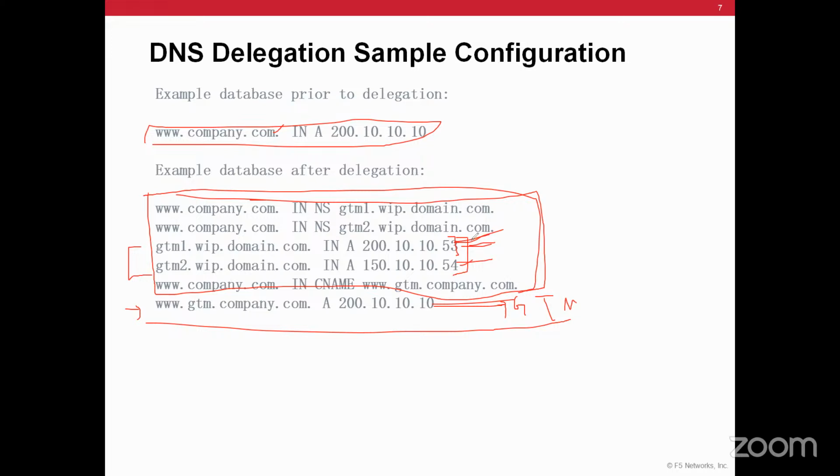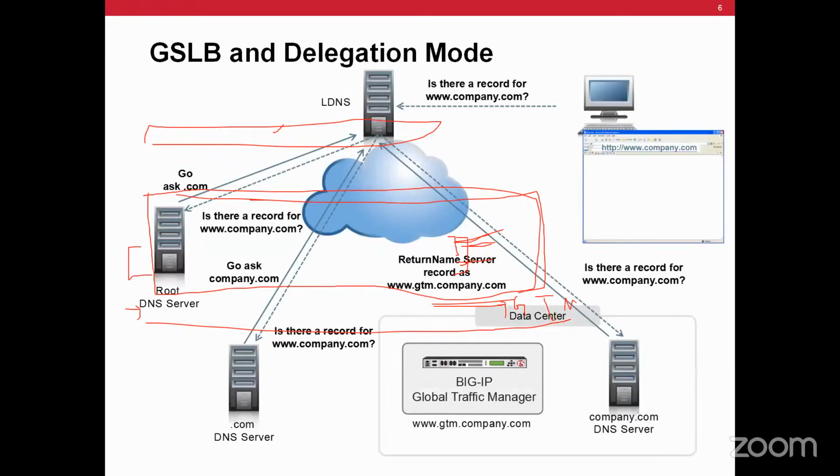From the client perspective, for example, it says go to a GTM, but let's suppose you have one more GTM over here for high redundancy. You get two records for GTM, two names.